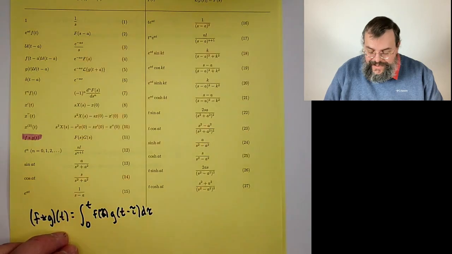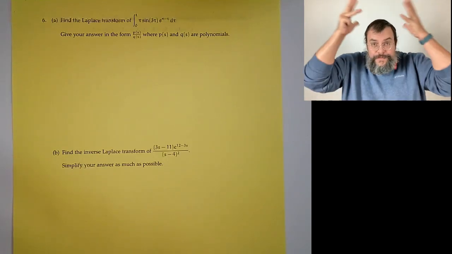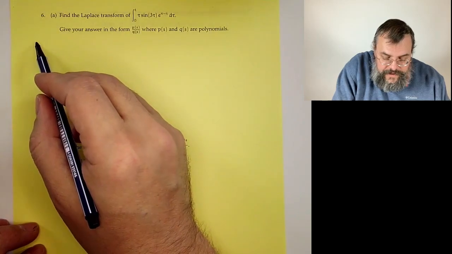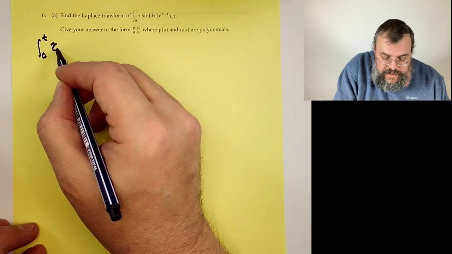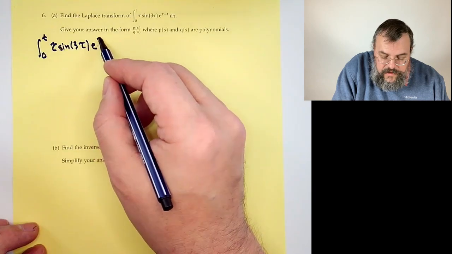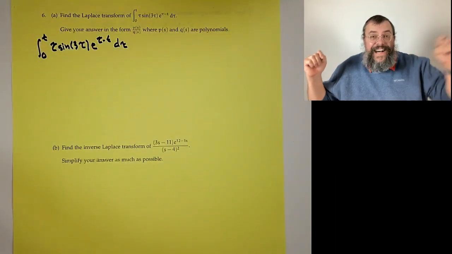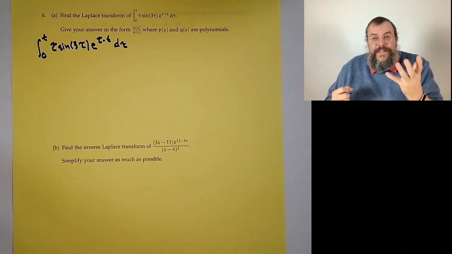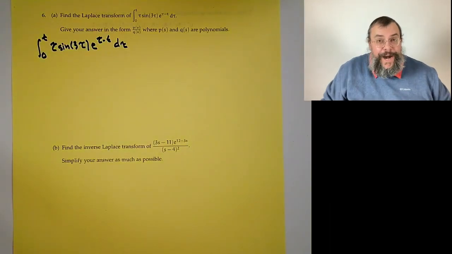You're like, whoa, that looks a lot like what we're doing. It does. And once we understand that, we put on our convolution hat. So what we have is the integral 0 to t of tau sine of 3 tau, and then e to the tau minus t d tau. Now, you might say, we were so close, Steve. The function depends only on tau, but now you have tau minus t, not t minus tau.